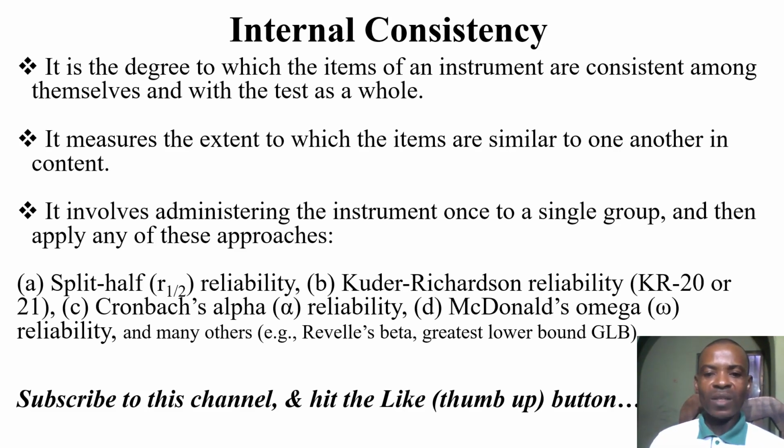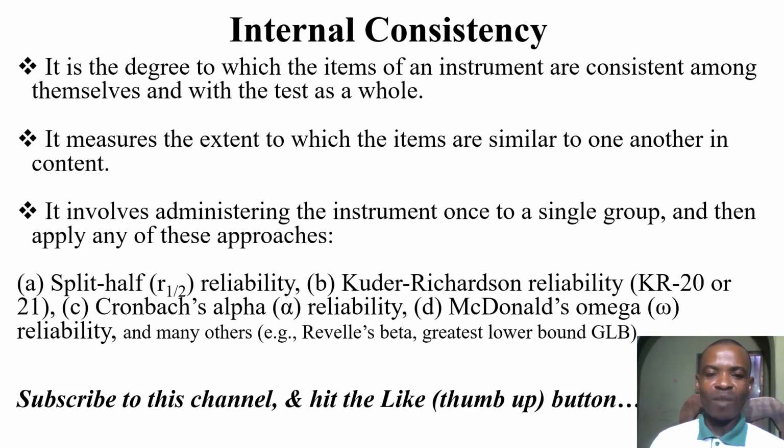Another one is the Kuder-Richardson reliability. The Kuder-Richardson has two forms, the KR20 or the KR21. Then Cronbach's alpha reliability can also be applied to measure internal consistency. And then McDonald's omega reliability can be applied, and many more.